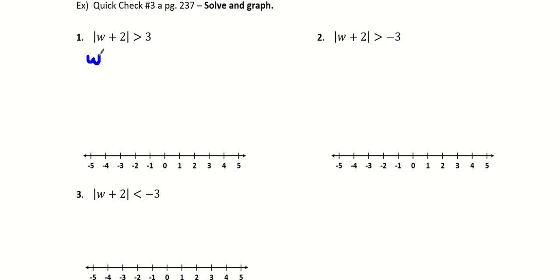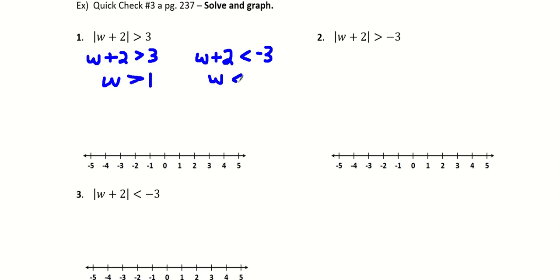So we can make our two cases, right? Just greater than 3, but the other one, what are the changes? Flip the symbol, make that number negative. So W is greater than 1. W is less than negative 5.